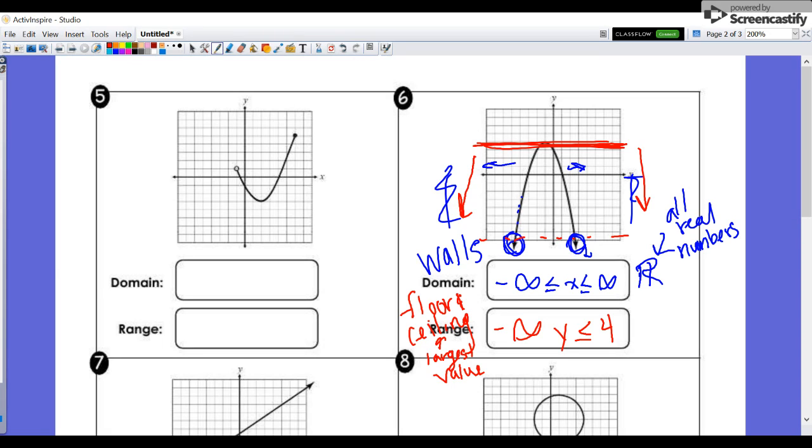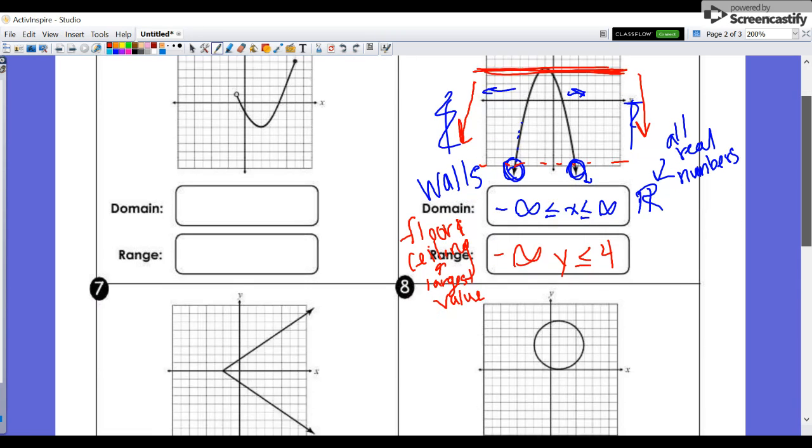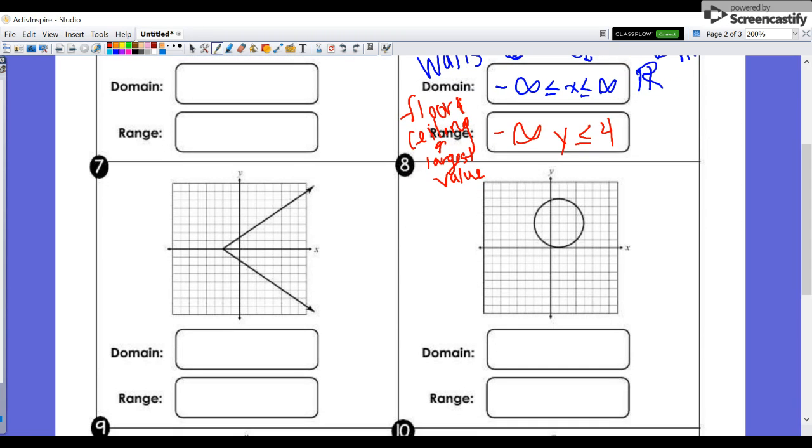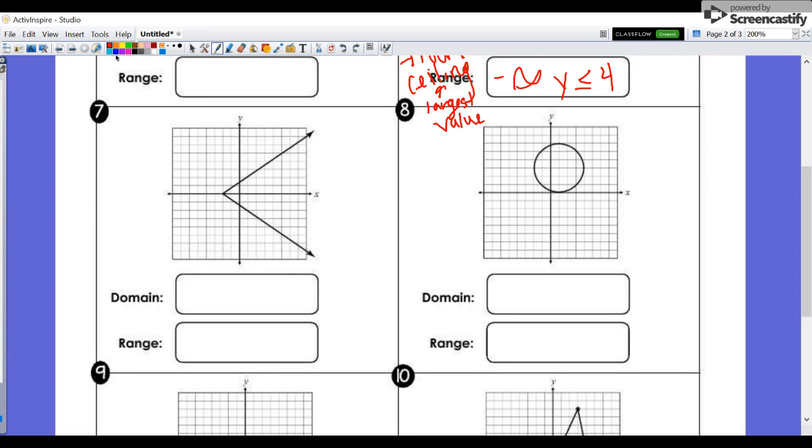Okay, let's look down here. Number 7. My walls, my floor and ceiling. So my wall, I should have made that red. Okay, oh well. My walls, let's see. I can make a wall right there.